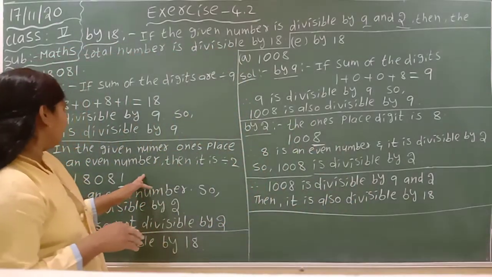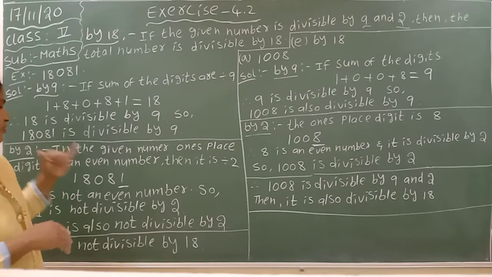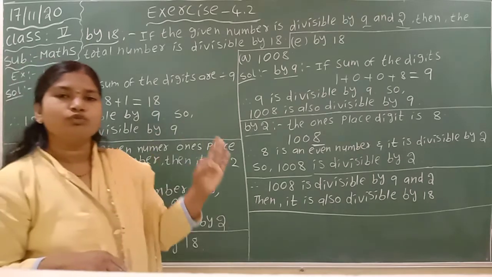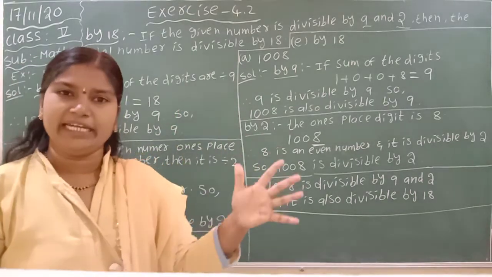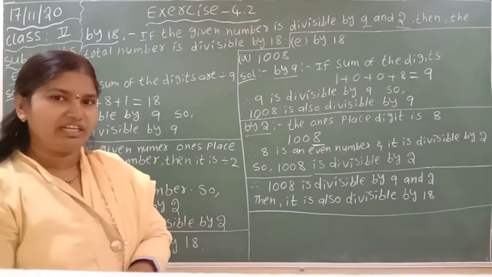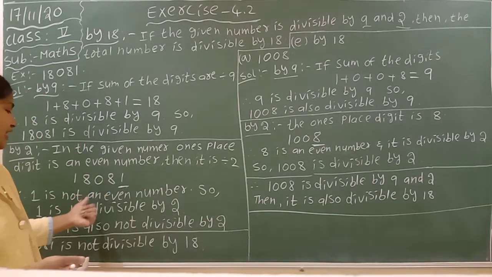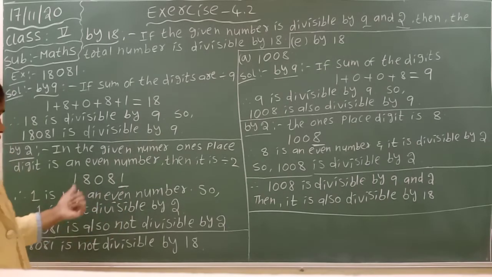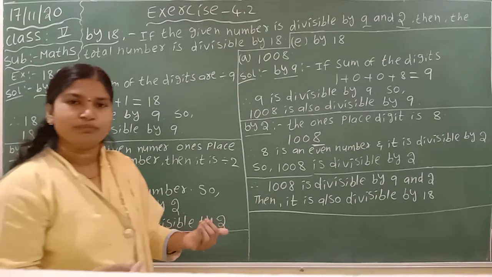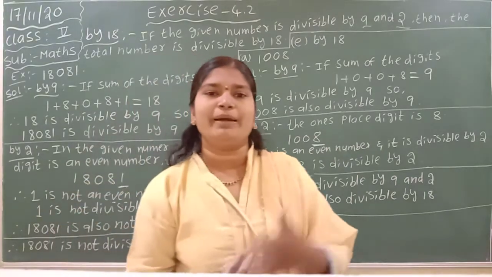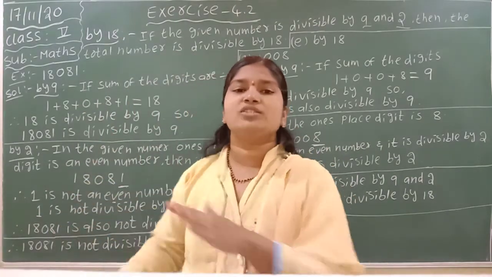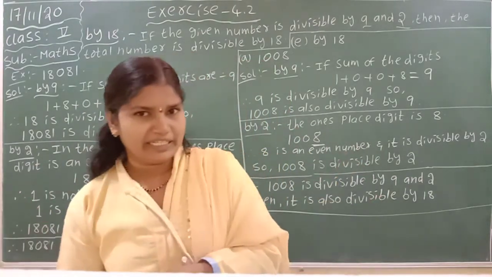Even numbers are nothing but 0, 2, 4, 6, 8. But if the ones place has 1, 1 is not an even number. So it is not divisible by 2. If it is not divisible by 2, the total number is not at all divisible by 18.